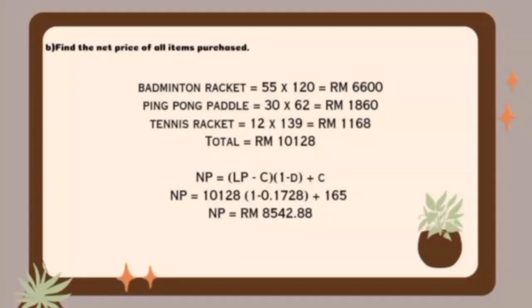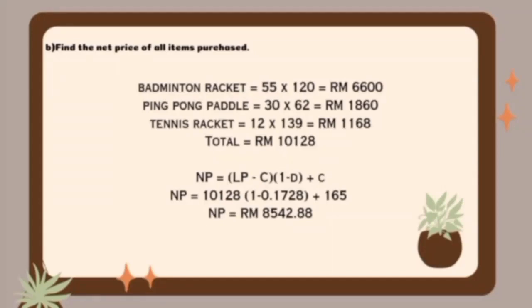B. Find the net price of all items purchased. The formula is net price equals (list price minus cost)(1 minus discount) plus cost. The total of all items purchased is RM10128.